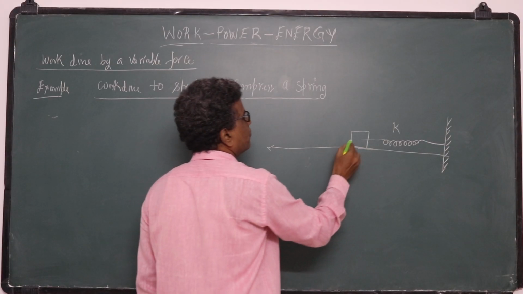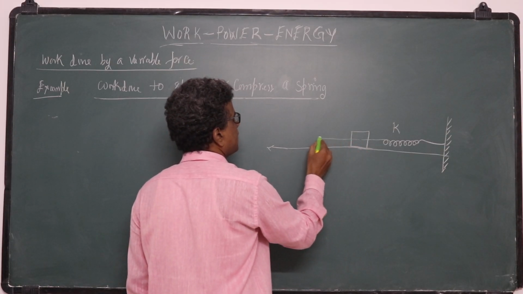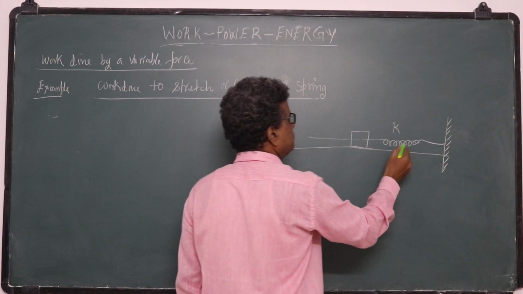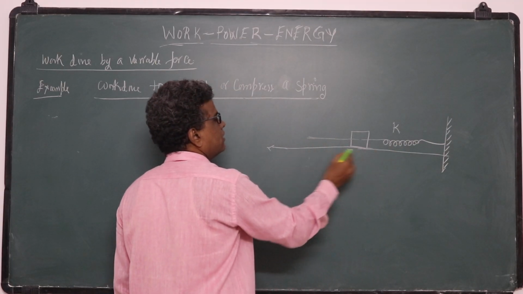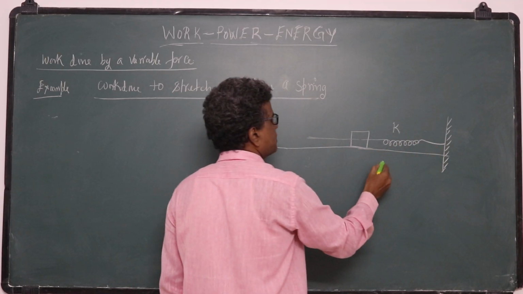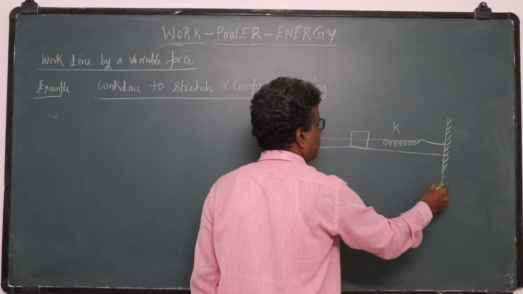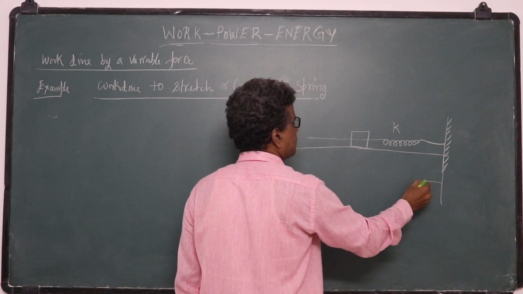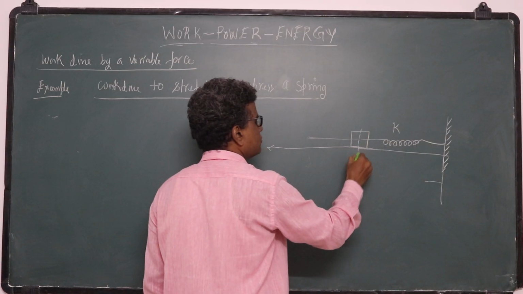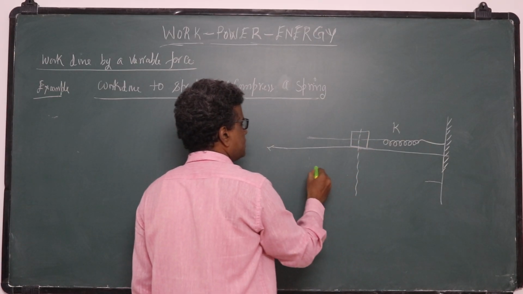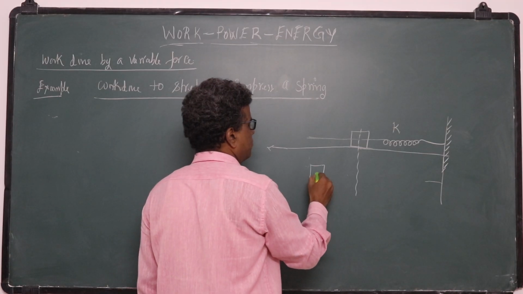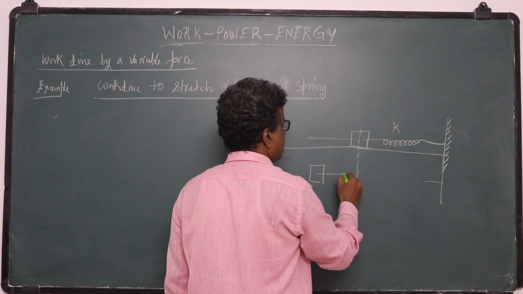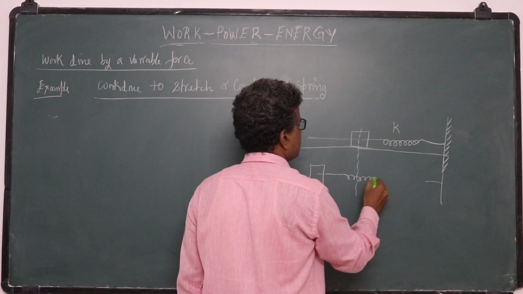If you pull this block through a distance x, initially the spring has its natural length. Now you elongate this spring through a distance x, so you have to apply a variable force.